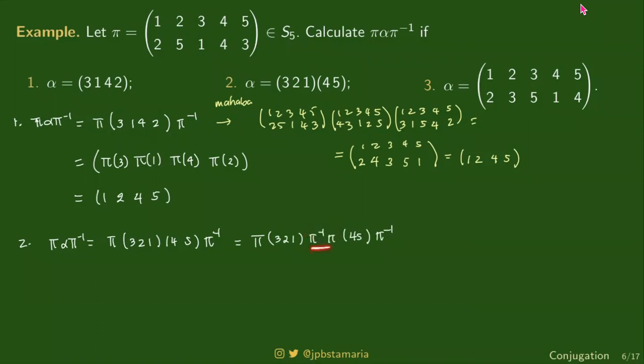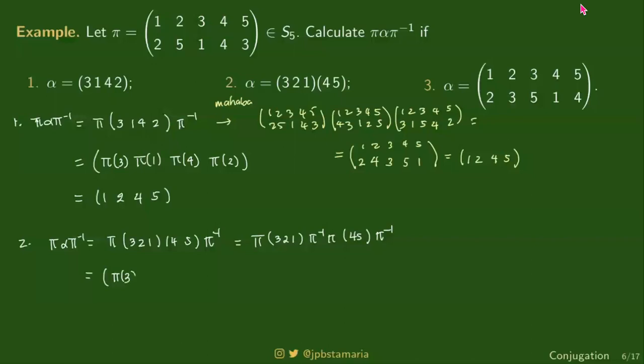But then by introducing this factor, kinonjugate mo yung 3 to 1 by pi, kinonjugate mo individually yung bawat cycle. So yeah, apply ko yung technique just like before in each one of the cycles. So for the 3 to 1, anong conjugate niya? I-apply mo si pi.